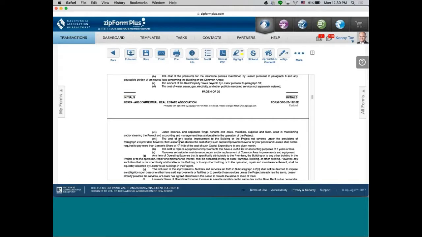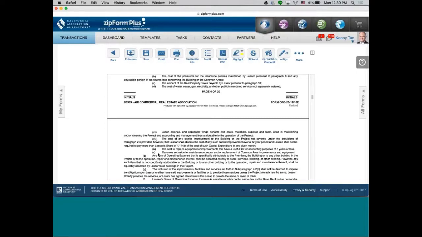And then number 9 is the same, 10 is the same. So as you can see, the definition of operating expense is identical between the net lease of the multi-tenant office lease and the modified gross version of the multi-tenant office lease.